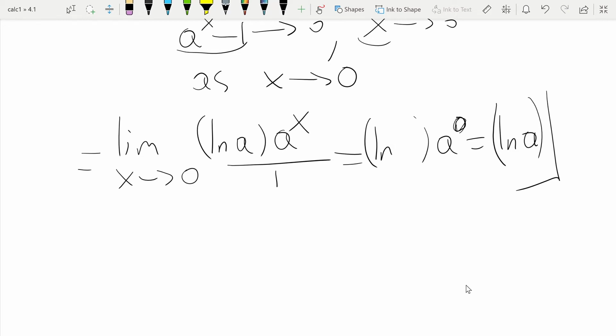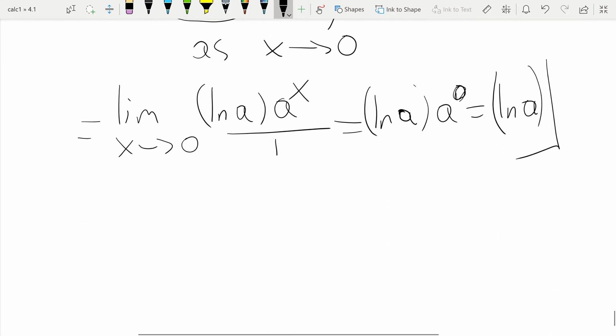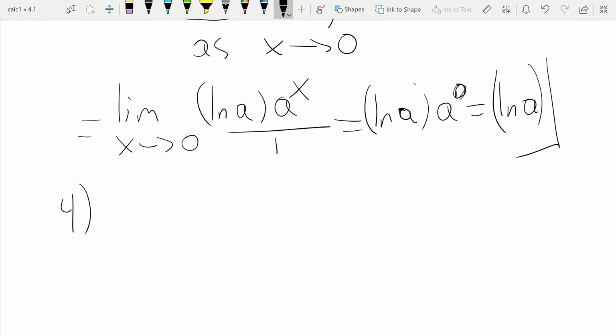Okay. And so that's it for this application, for these applications. One thing that seems to provide a lot of trouble for students is the case when you're raising something to a power.